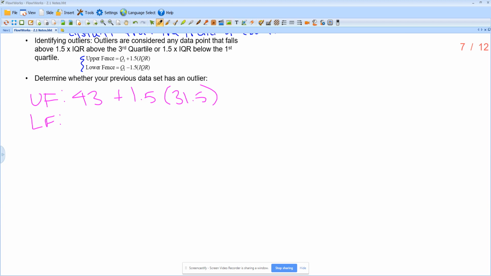And I'm going to type that into a calculator real quick. 43 plus 1.5 times 31.5. No, I didn't type right, sorry. 43 plus 1.5 times 31.5, which gives us 90.25. So this is our upper fence. Anything that has gone above that upper fence is an outlier.